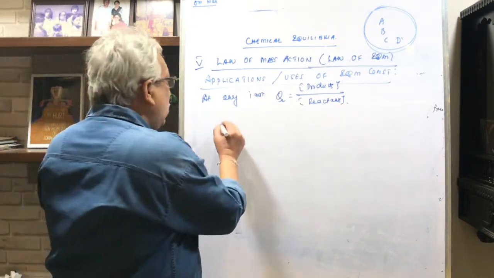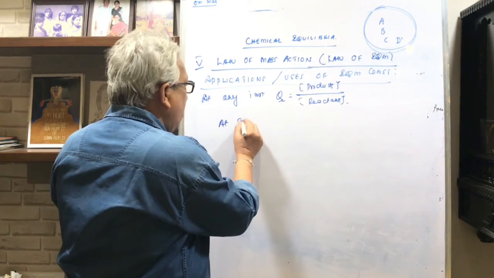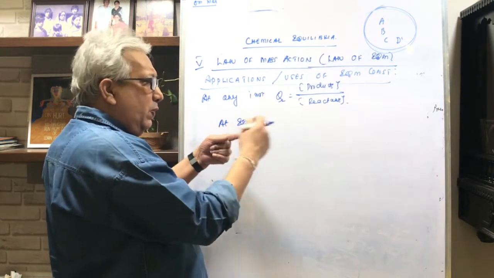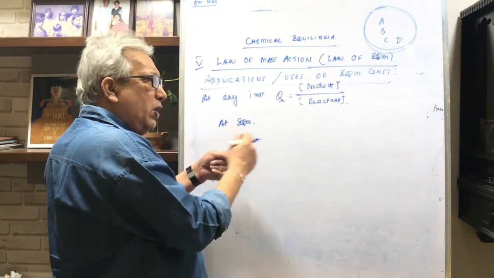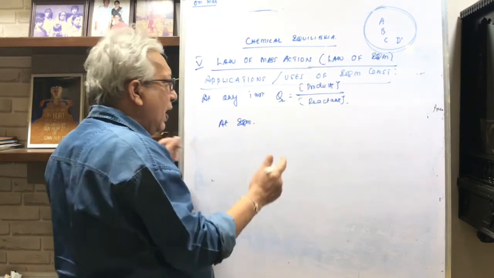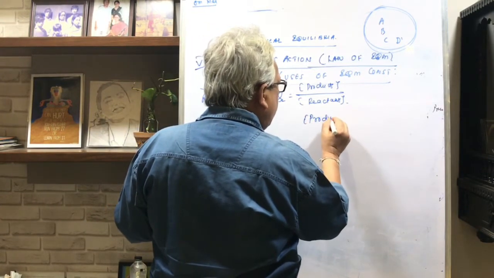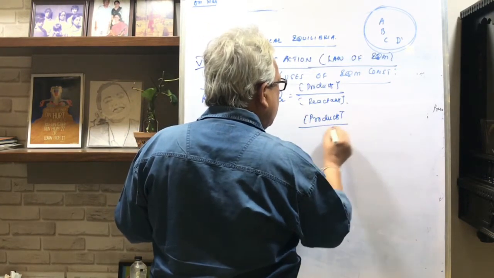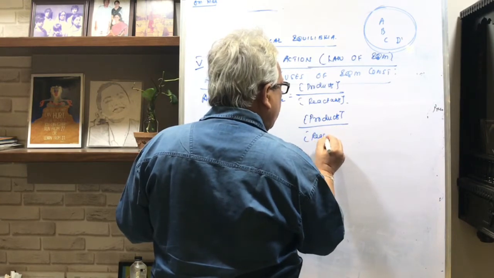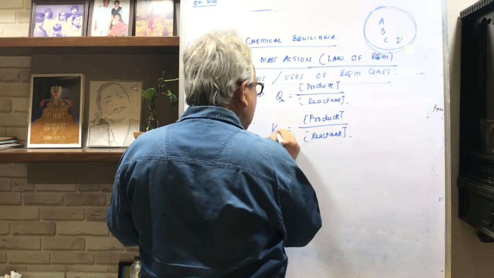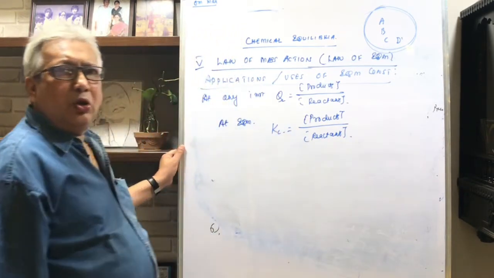But when the equilibrium is achieved, the reaction has proceeded, and the rate of forward reaction is equal to the rate of backward reaction, at that time the concentration of products to the concentration of reactants is denoted as Kc, that is the equilibrium constant.